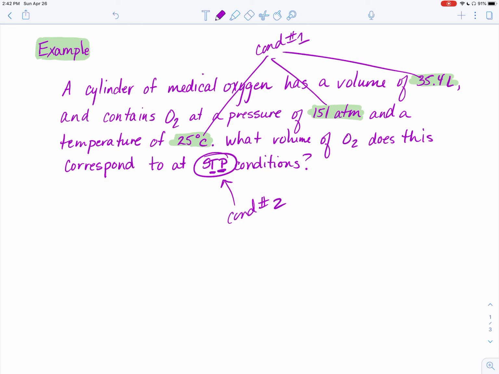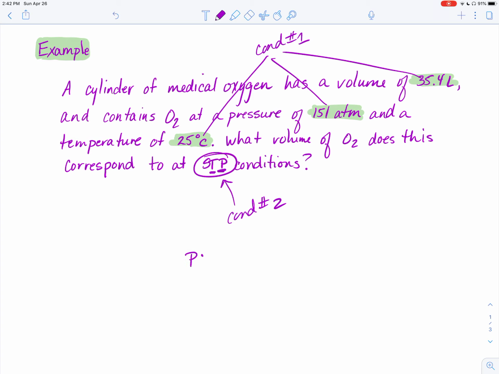Anytime you know that you have changes in the variables or values of a gas from one situation to the next, that's going to be one of Amontons', Avogadro's, Boyle's, or Charles's law. And again, in previous videos, I've said that if you just use the combined gas law, you don't have to choose between the four other versions of those conditional changing gas laws.